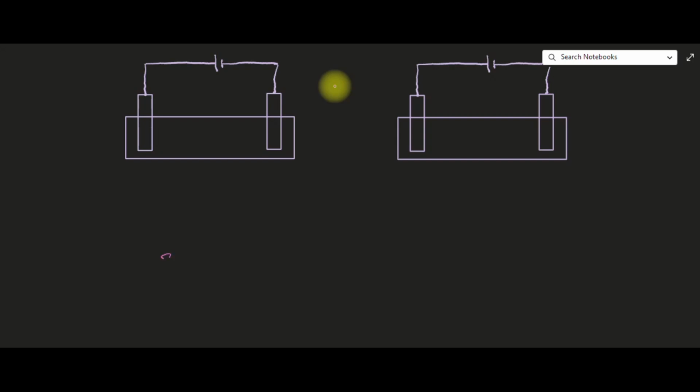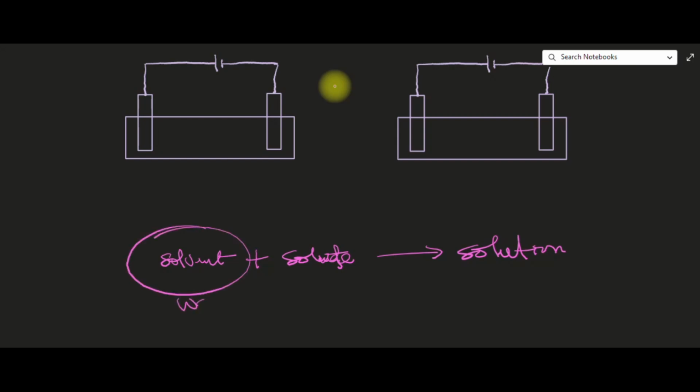So remember, solvent plus solute gives us what we call a solution. Now, when we say aqueous solution, it means our solvent here is water. So when your solvent is water, that solution is an aqueous solution.